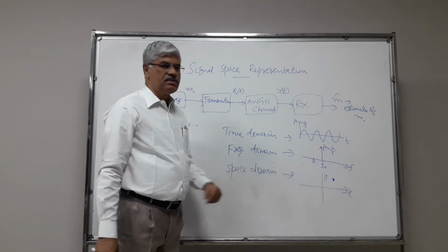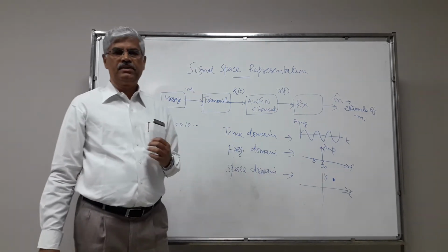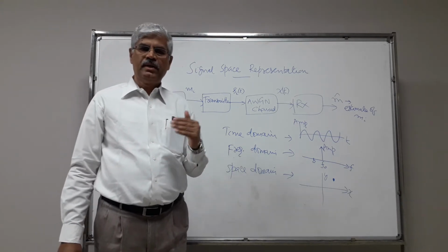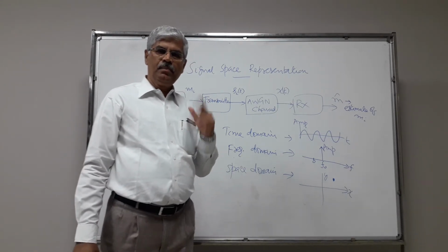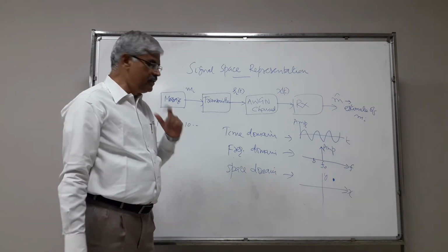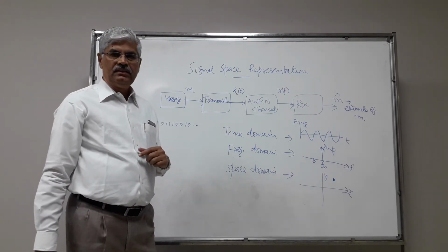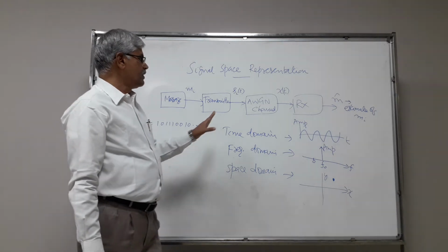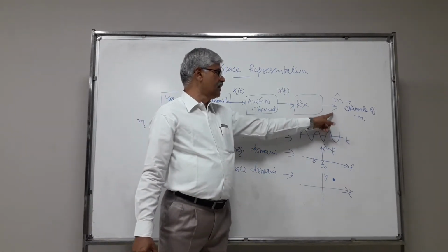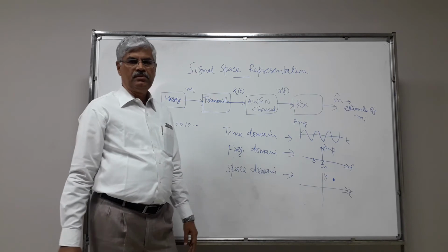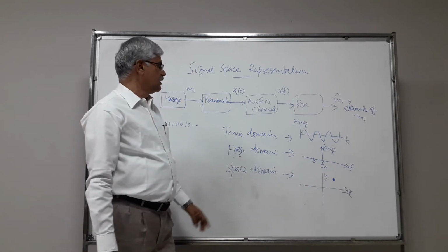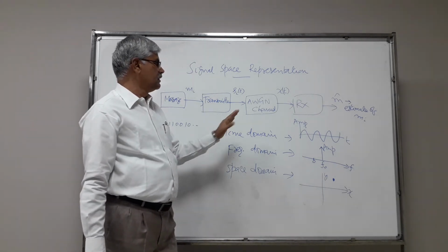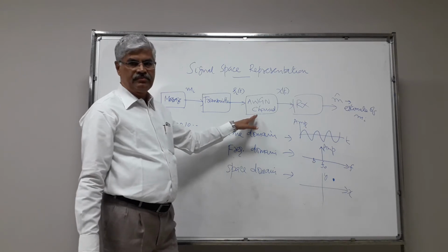Now, each of these representations will help us understand the signal better and better, and help us design the optimum reception so that we can deliver the signal at the output of the receiver with less effect of the noise. Okay?